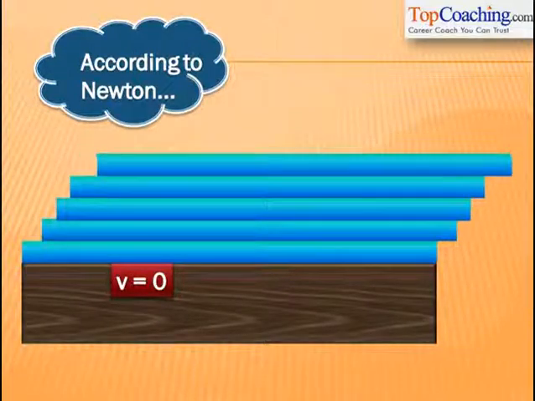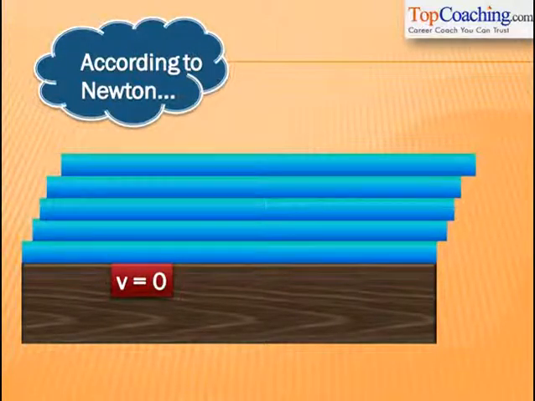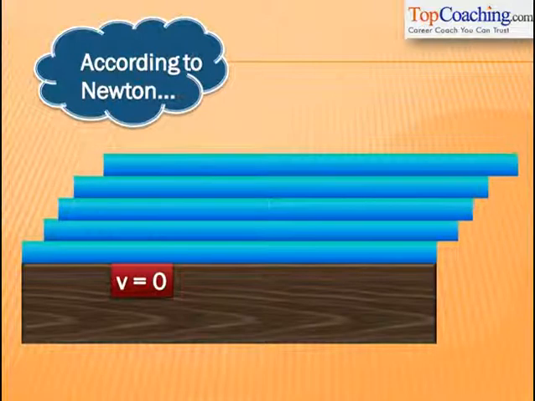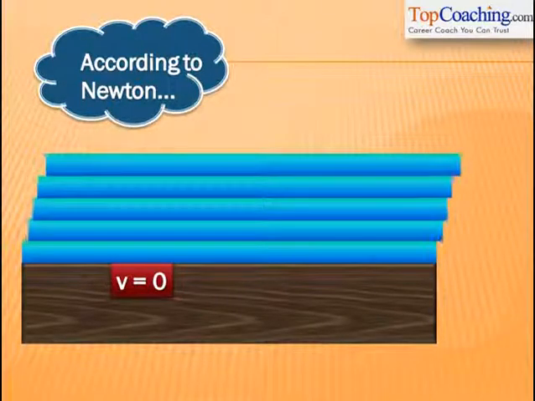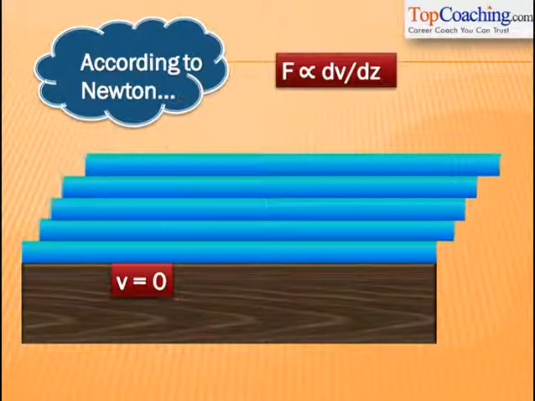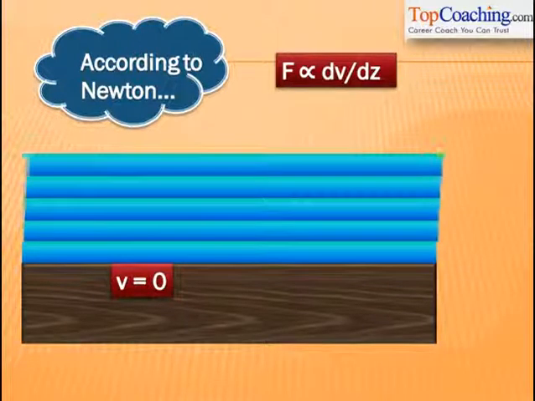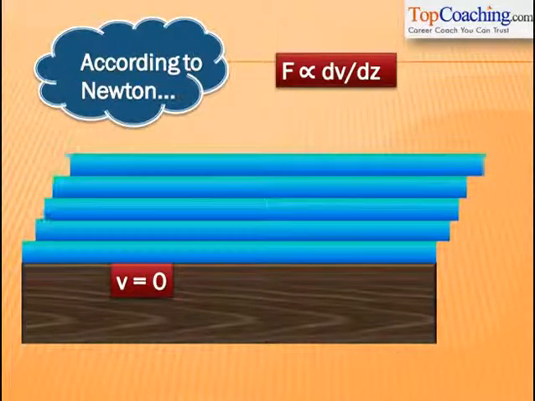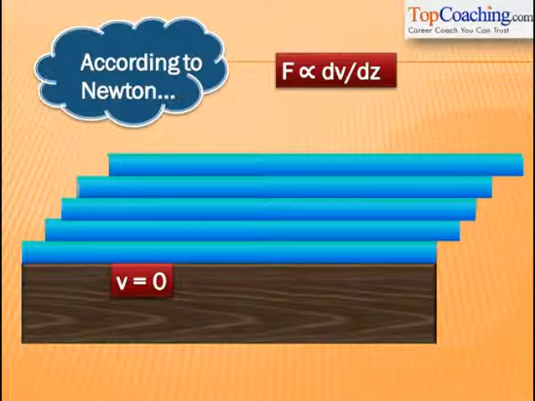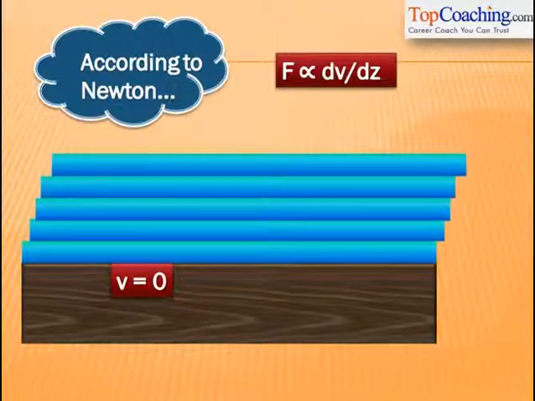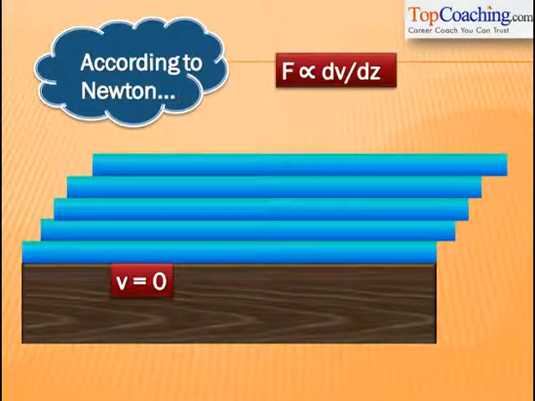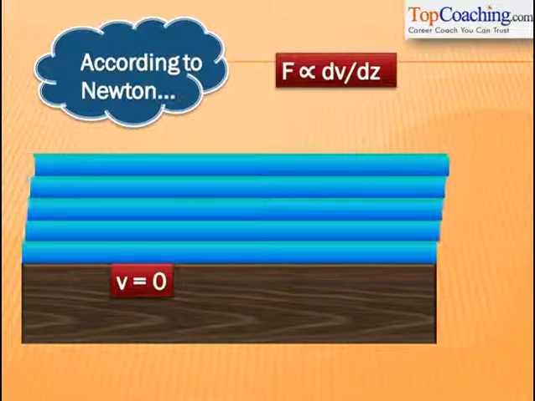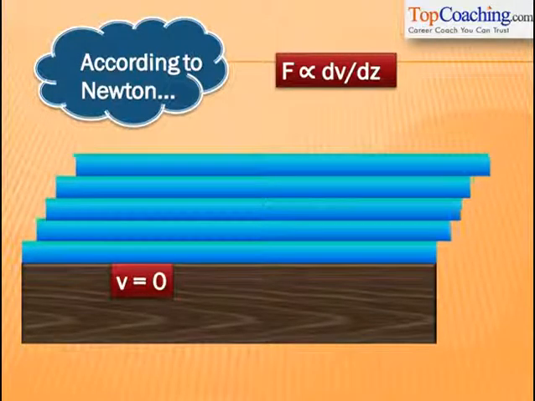Newton found out a relationship between the magnitude of the viscous force and some other parameters related to the liquid. He said that the viscous force F is proportional to dV by dz. Now what is dV by dz? dV by dz is the rate of change of velocity of the layers with respect to height from the bottom.